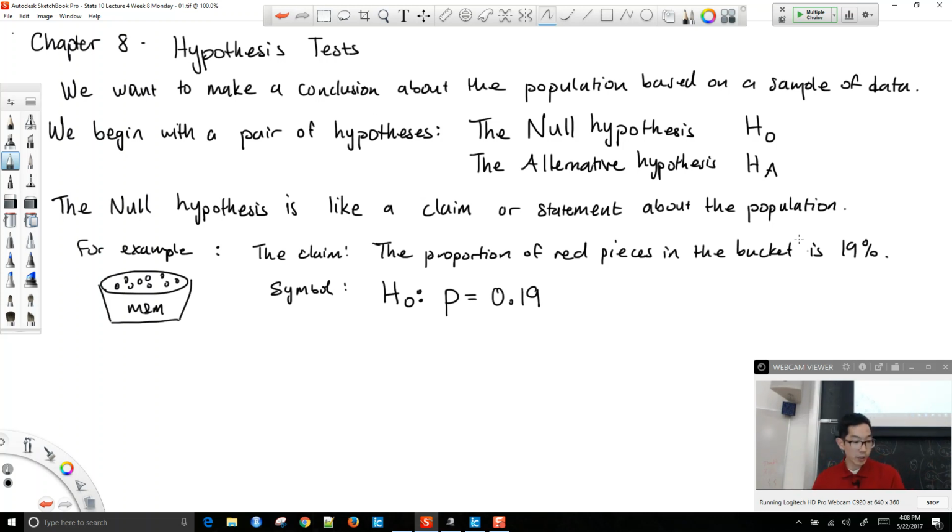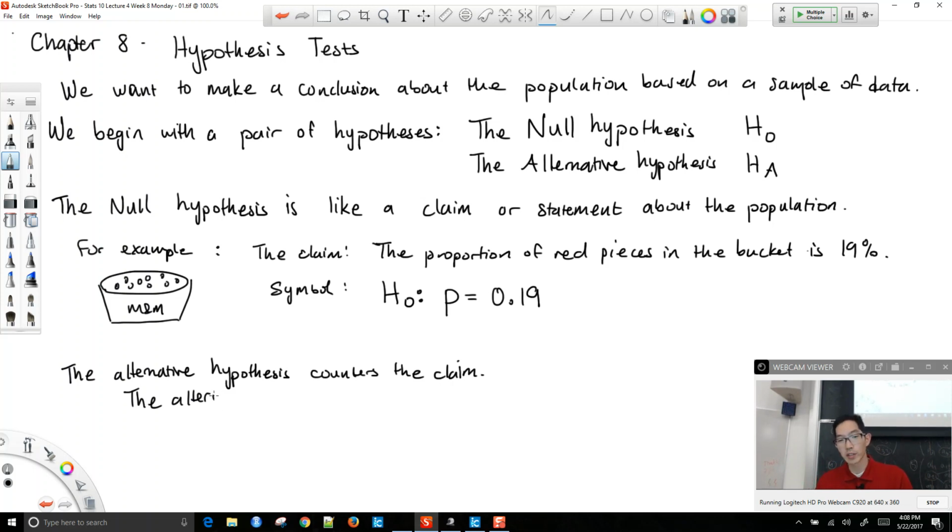The alternative hypothesis will be something that counters the claim. So for example, if the null hypothesis states that the proportion of red pieces in the bucket is 19%, the alternative would be the proportion is not 19%, or the proportion is more than 19%.